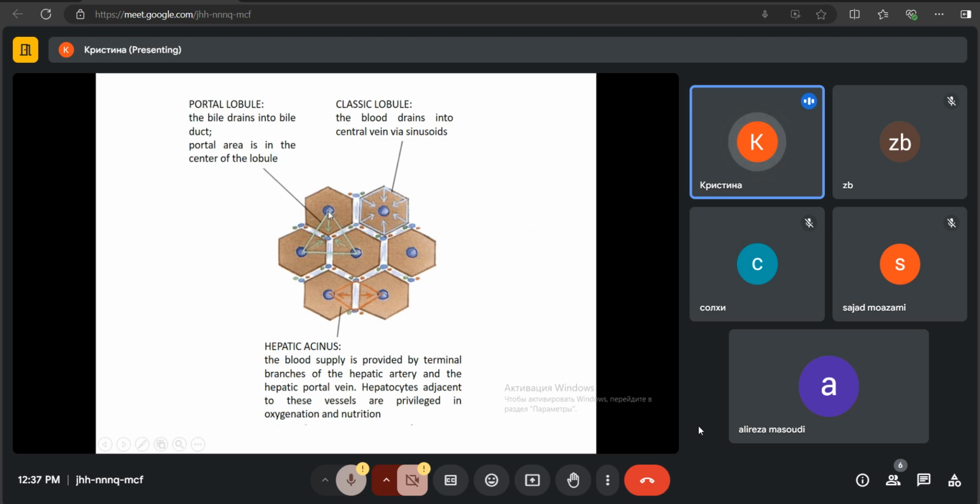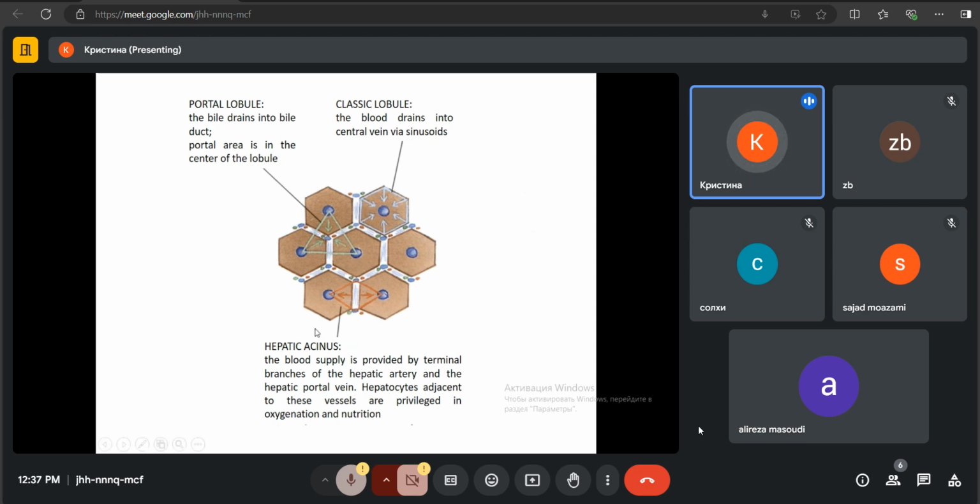So the bile will flow from the periphery of this portal lobule to the center, particularly to the bile duct inside the portal triad. So this portal lobule is usually described when discussing the disturbances of the bile drainage inside the liver.